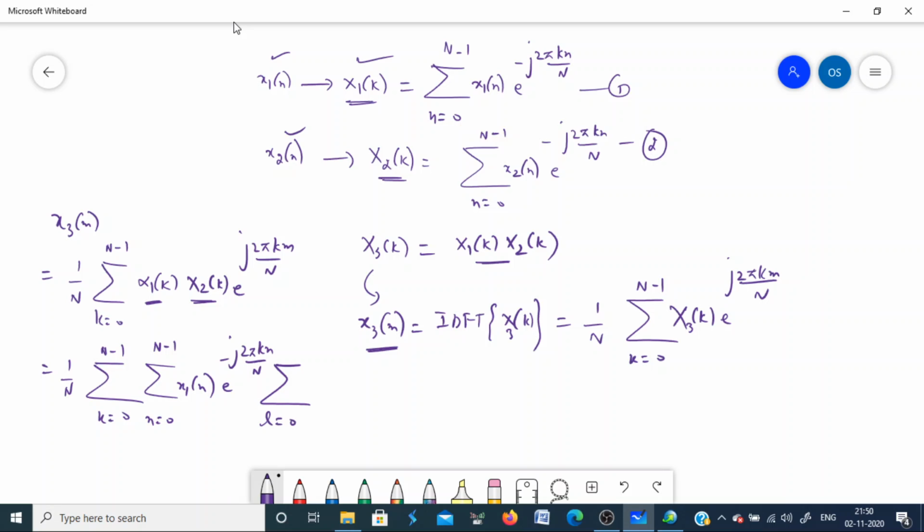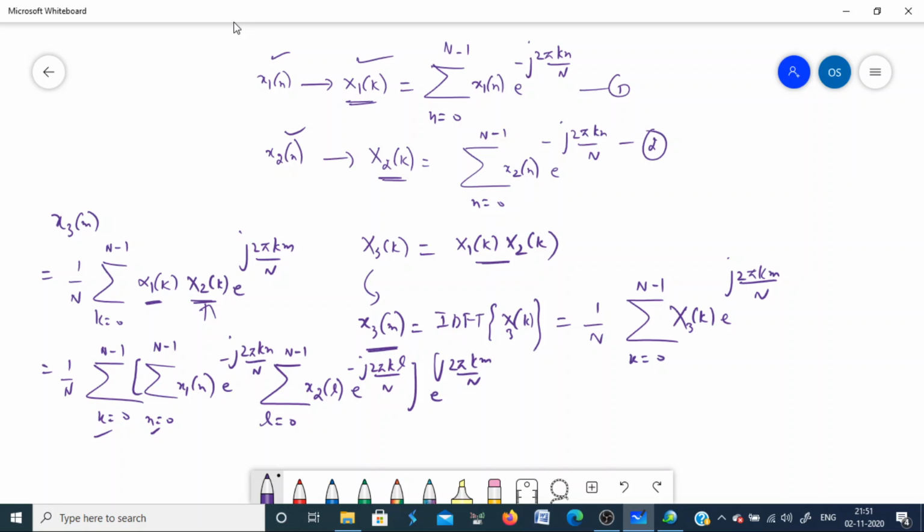I write a different notation here, a variable change: in place of n I write l, otherwise n and n will be confusing. So x2(l) e raised to power minus j 2 pi k l by N. This is for X2(k), and then this entire expression is multiplied with e raised to power j 2 pi k m by N.